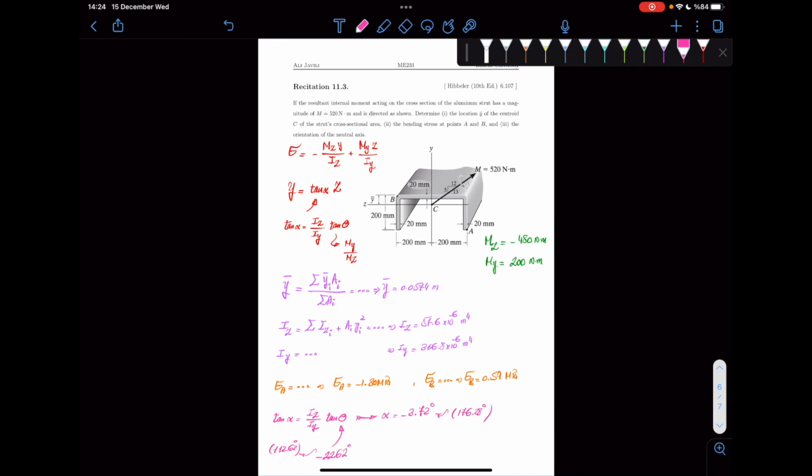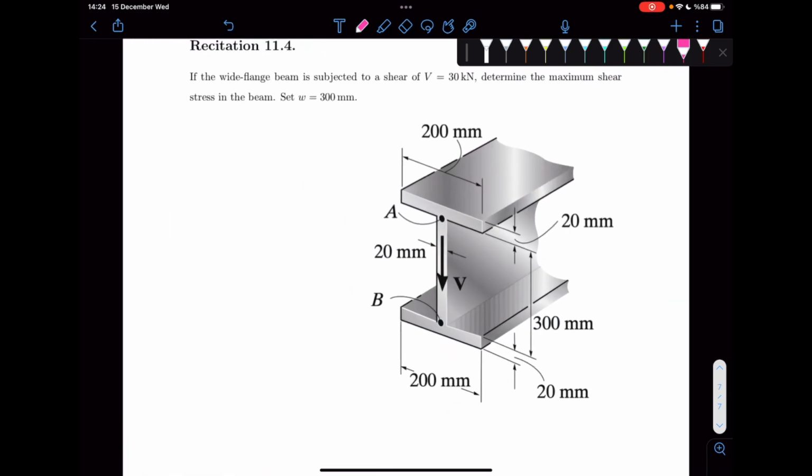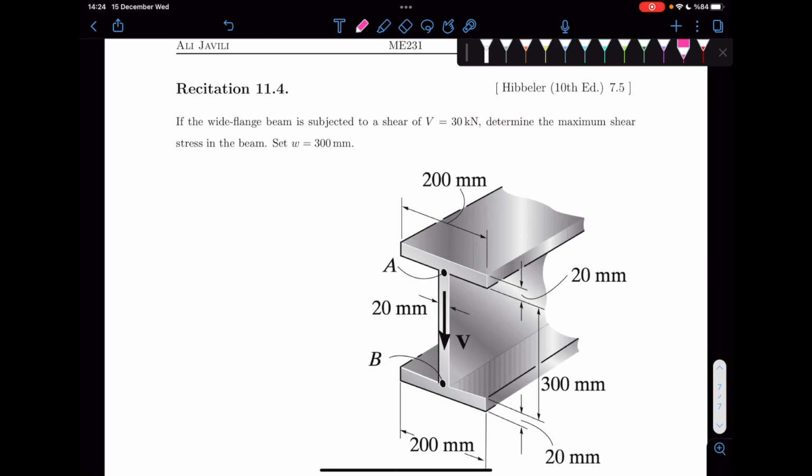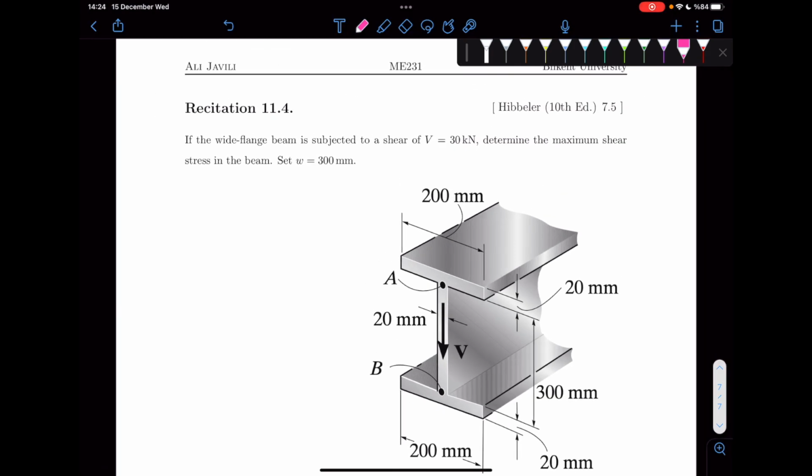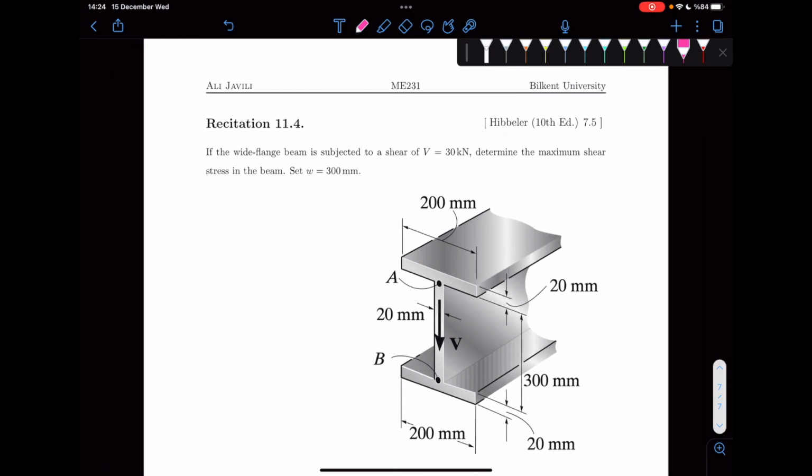Is that clear? All right, so the last exercise is pretty simple. It's very standard. But this is a topic we haven't covered yet. We will talk about it on Monday. The important thing here is that it's a shear problem. For a shear problem, we will learn there is this formula VQ over IT.